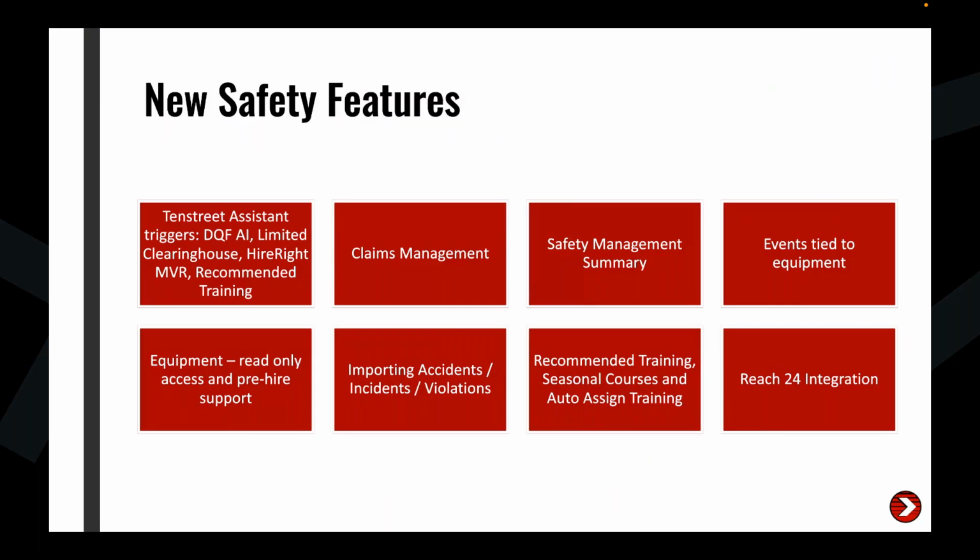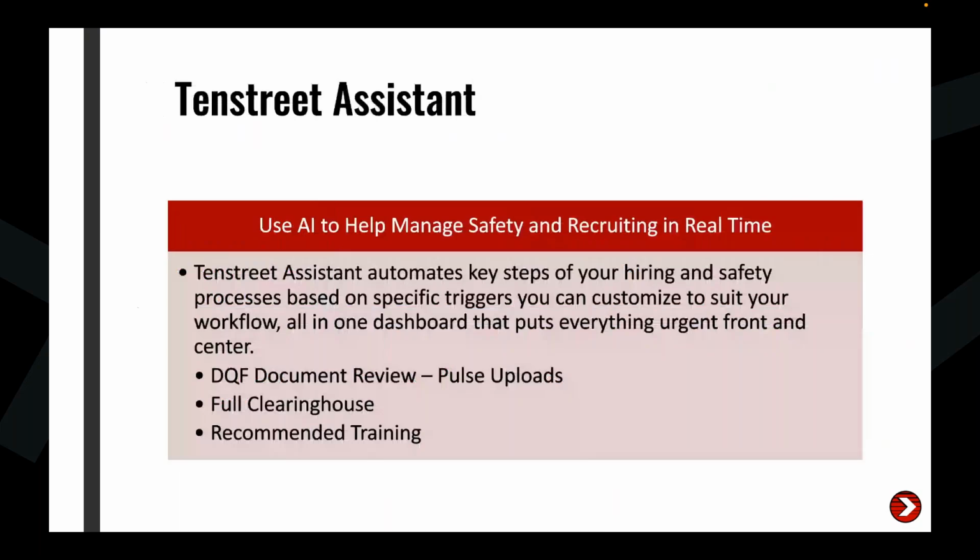Closer to the end of the call, we're also going to work through what the equipment side has to offer with the new updates. We're also going to go through the Reach 24 integration a bit, which ties into how pieces of equipment are analyzed in your dashboard now. That's a beautiful, exciting integration we have as well. And from there, Allison, do you want to start us off on the Tenstreet Assistant?